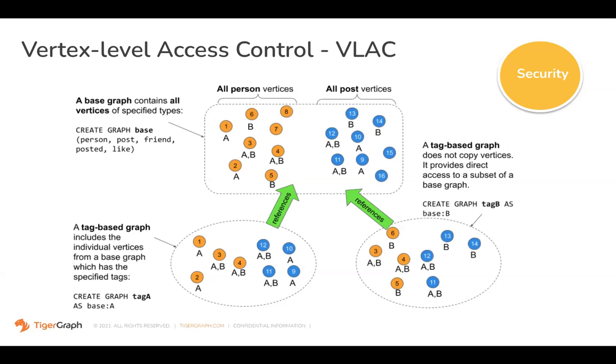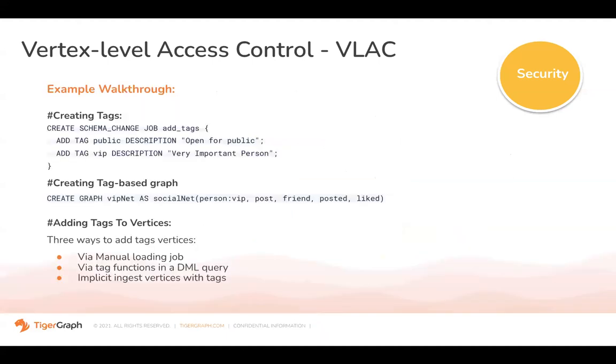Only those will be visible. For example, as you can see in the tag-based graph at the bottom, it only shows the filtered, limited set of information. This is more like a logical abstraction that we create so that users can only see limited information. Let's do a quick walkthrough example that shows the steps.